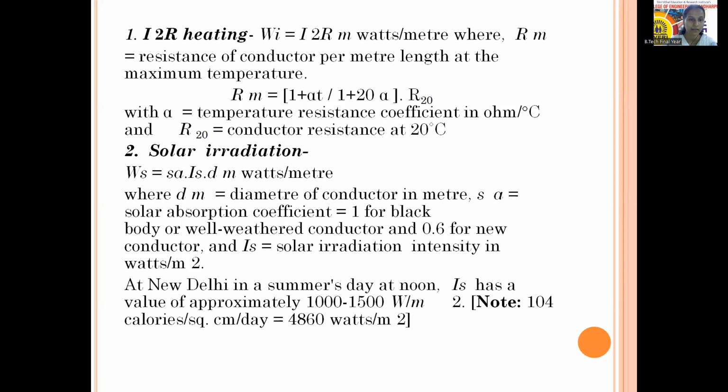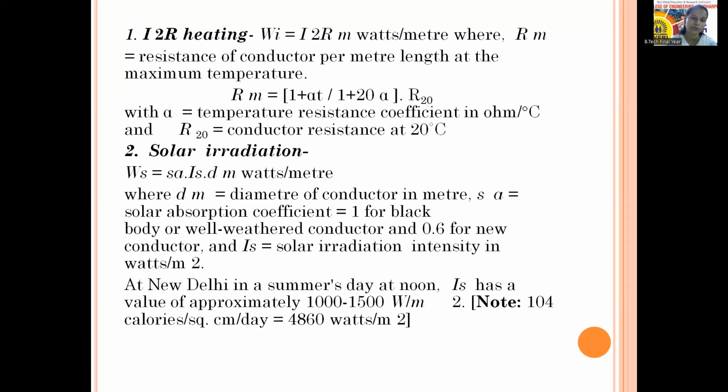Now, the next term is solar irradiation, which is W_s equals SA into I_s into d_m. These terms are also given in watts per meter. d_m is the diameter of the conductor in meters. SA is the solar absorption coefficient. This varies with the body of the conductor: 1 for a black body or well weathered conductor, and 0.6 for a new conductor.